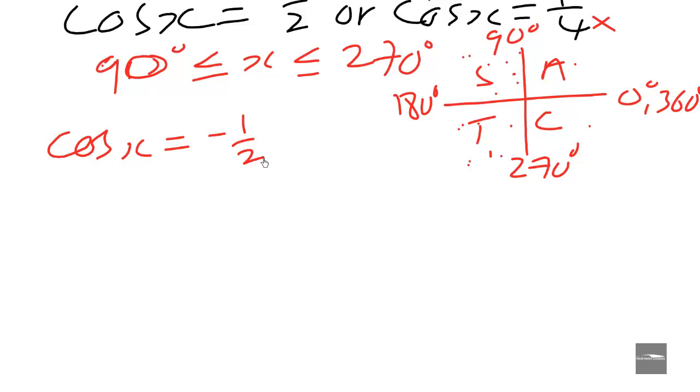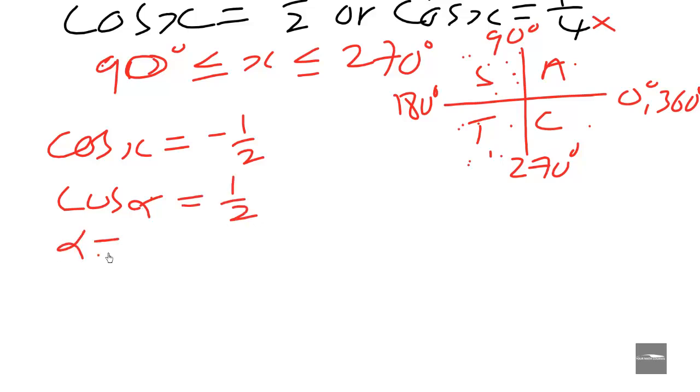So first, you find the principal value, the acute angle corresponding to negative 1 over 2. That will be the absolute value of negative 1 over 2. If the principal angle is alpha, then we have cos alpha equal 1 over 2.